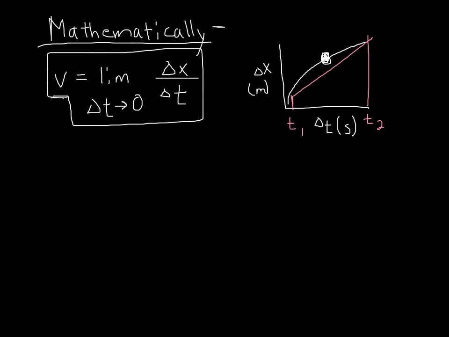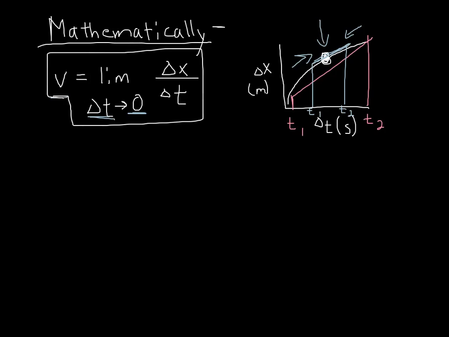As I decrease the distance between those two points, my slope gets closer and closer to describing that exact point. So I'm shrinking the line, shrinking my endpoints, making my delta t closer and closer to 0. And as I get closer and closer to 0, I get close to this point.